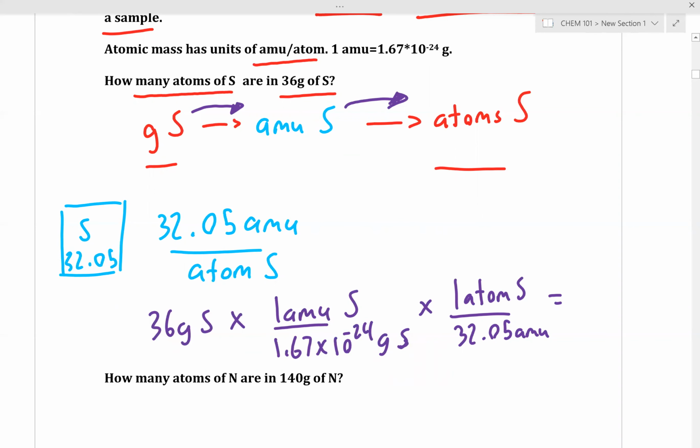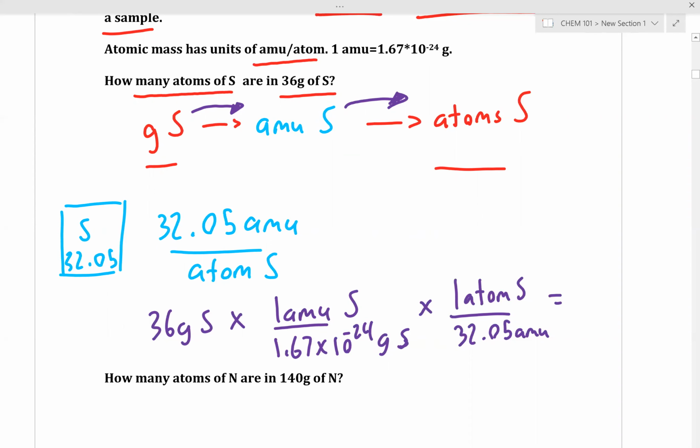After your first division operation, you should get a very, very large number. Is everyone following so far? Next, we're going to divide by 32.05. And in the end, you should get 6.72 times 10 to the 23rd. Does that match what you observe in your calculator? Okay, so let's write that down.